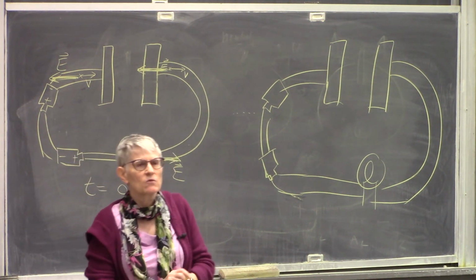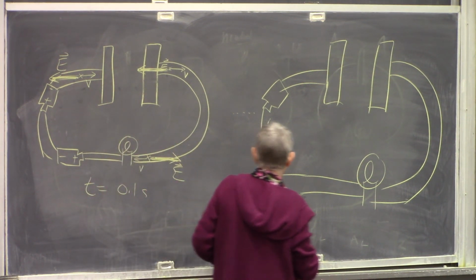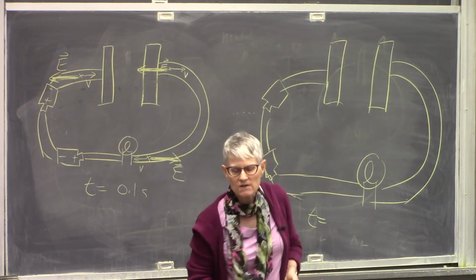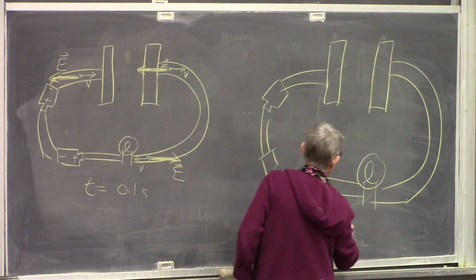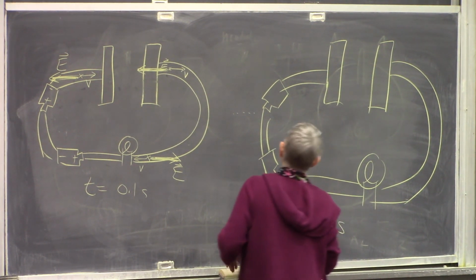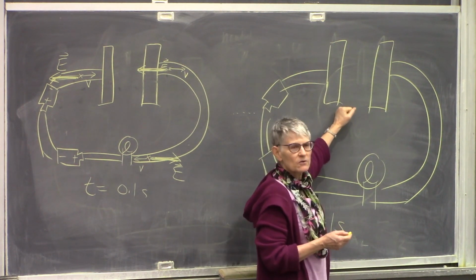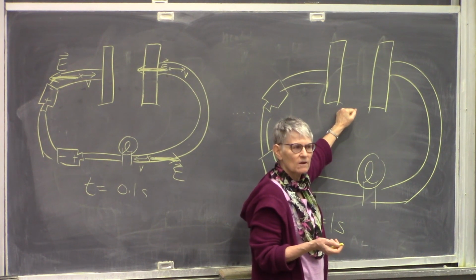Well, what happens when it's 1 second? Is that what the second one was? 1 second. Okay, so now what's happened after a second? We have some charge on the capacitor, right?